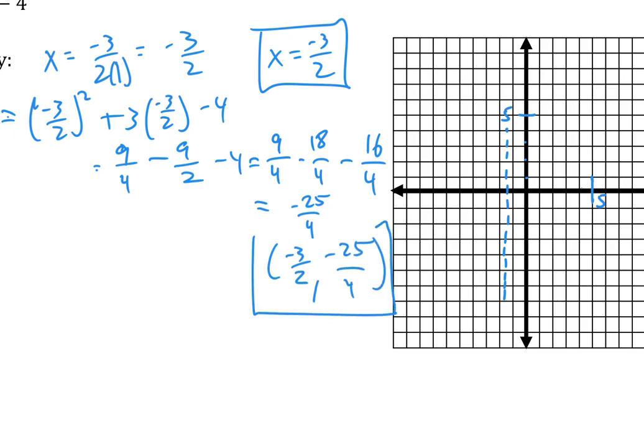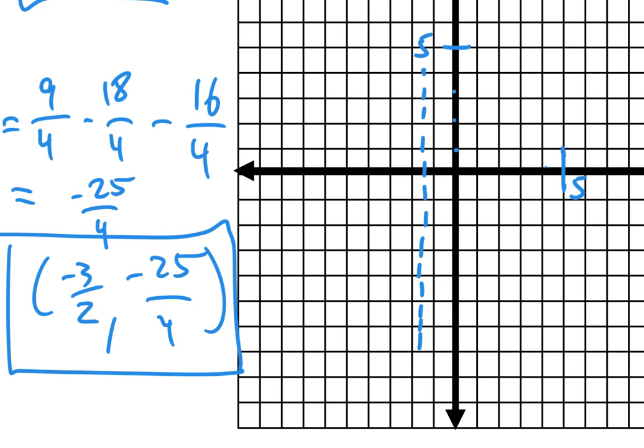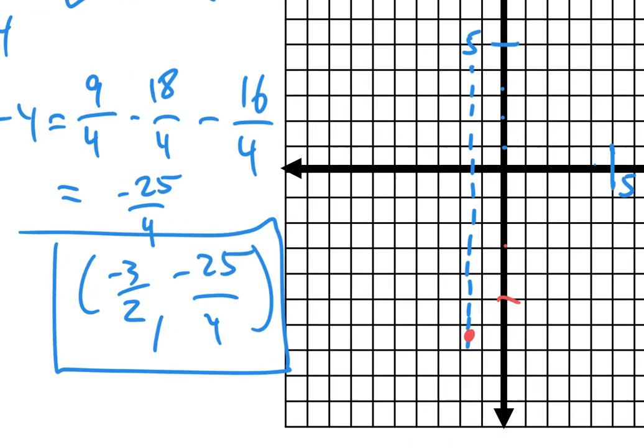Again, good practice with fractions. I don't know that you would get one this complicated on the test, but if you can do this, you can do anything, right? Negative 25 fourths, that's like negative 6 and a fourth. So 1, 2, 3, 4, 5, 6 and a fourth. Right about down here.